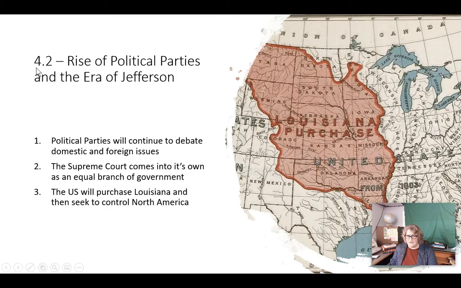So topic 4.2 is the rise of political parties in the era of Thomas Jefferson. So this topic is basically Thomas Jefferson's presidency. What we're going to see when we study this, this is 1800 to 1808, political parties are going to continue to debate domestic and foreign issues, things like involvement in Europe and which side of the war with, we're shifting from the French Revolution into Napoleon now, which side of the war will the United States find itself on?